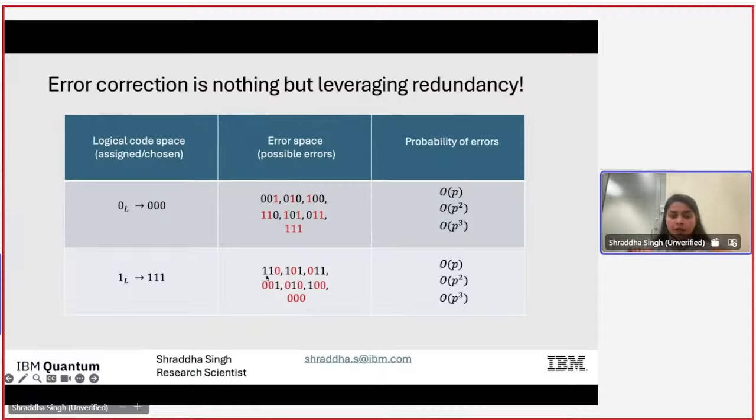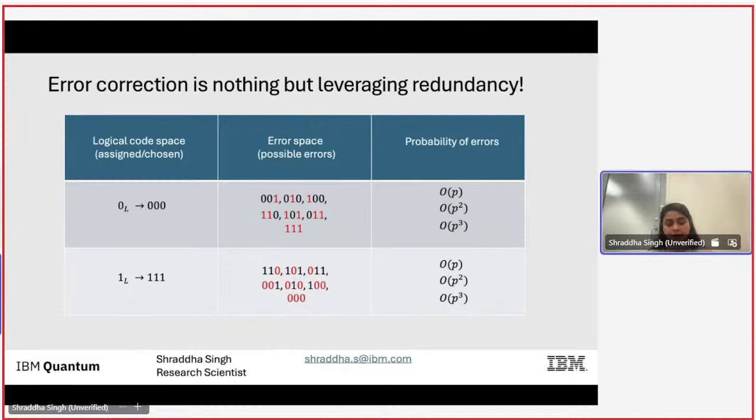So now for this error correction scheme to work, you need to be sure that the probability of having 2-qubit errors is fairly low. Otherwise, you would have confused something that can happen with a significantly high probability, that is 2-qubit errors, with a single qubit error, and thus your error correction scheme doesn't work. This is where the idea of how long a bit string you need to represent logical 0 or logical 1 is required.